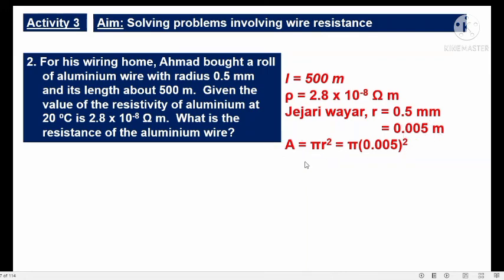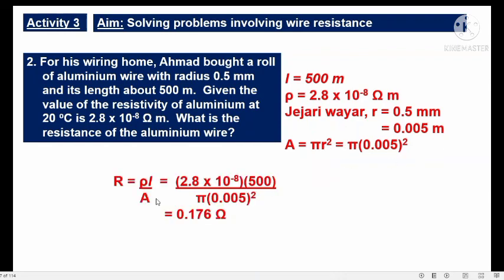Then to find the cross-sectional area, use the formula pi r squared. And then R equals rho L divided by A, so just substitute all the values and you will get R equals 0.176 ohm. So just use the formula R equals rho L divided by A. You can list out all the information first and then try to solve the problems.